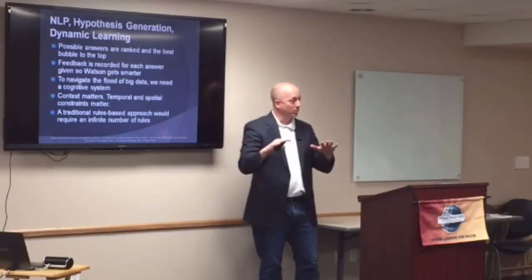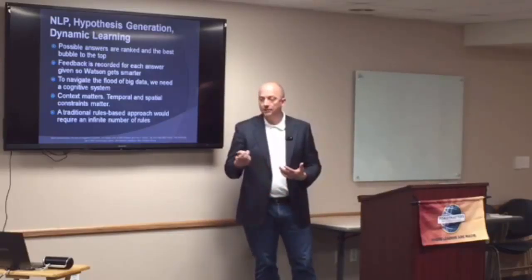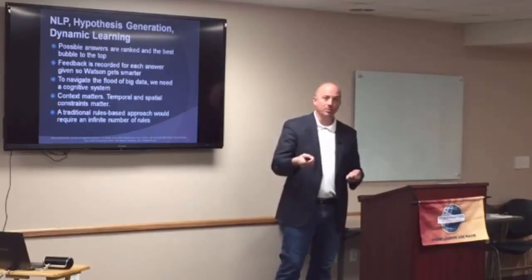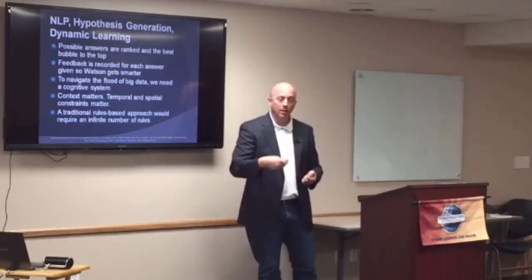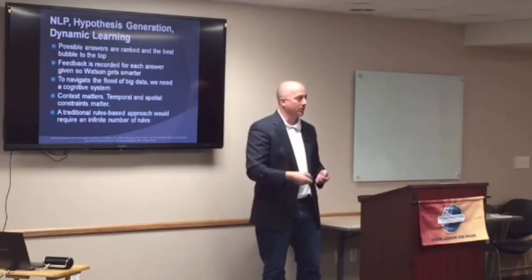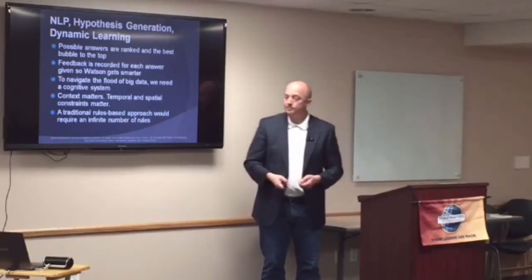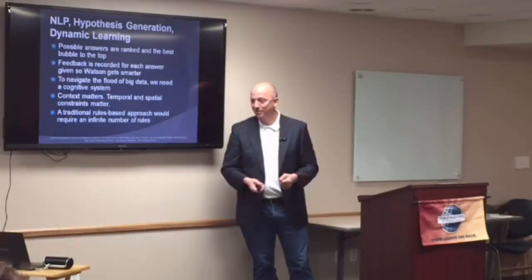It may not necessarily be the right answer, but it's the best answer that it knows about. Then feedback is recorded from each user as Watson is being used, as to whether or not this is the right answer, so that it can learn. It can know that later on, I'm not going to give you the same answer for the same question, because there might be a different answer that would be better. So in effect, Watson ends up getting smarter.